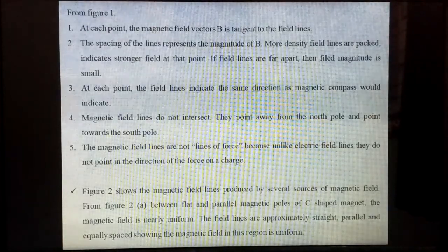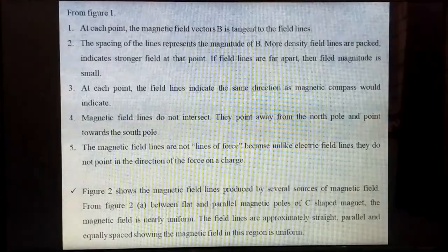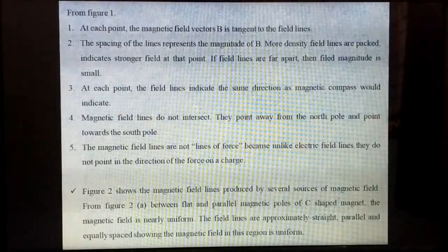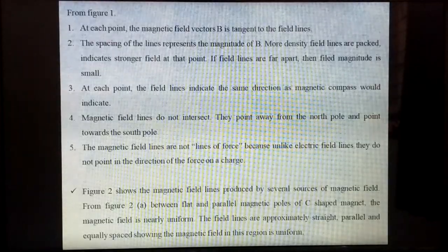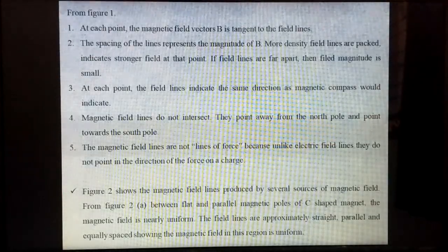A magnetic compass has two poles, north and south. Fourth, magnetic field lines do not intersect, meaning they do not mix with each other. They point away from the north pole and point towards the south pole, as we said earlier.